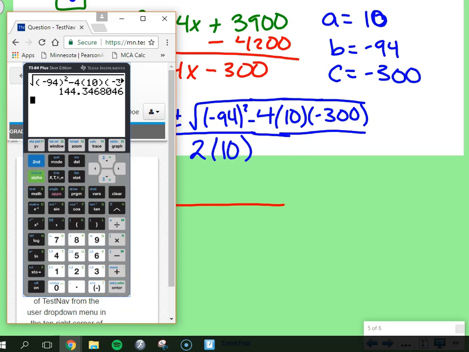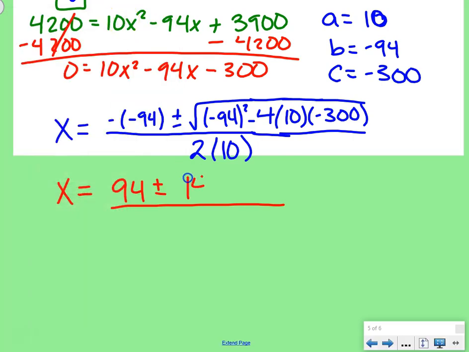Now, x is the number of years, and so we're looking for whole years. So we're going to round this to the nearest whole. So let's just round this to 144. All right. So we're going to say plus or minus 144 all over 2a, so all over 20.